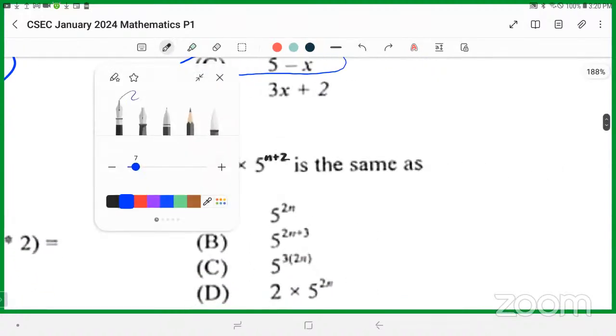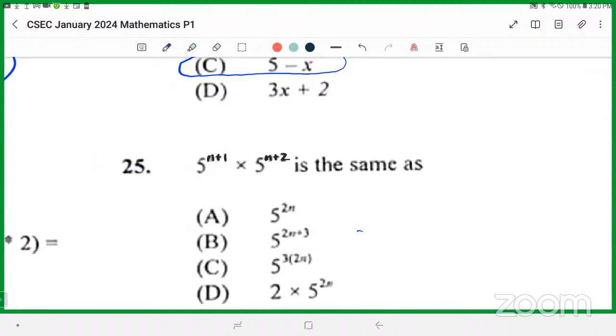So this product is going to become 5 to the sum of the powers, which is n plus 1 plus n plus 2.